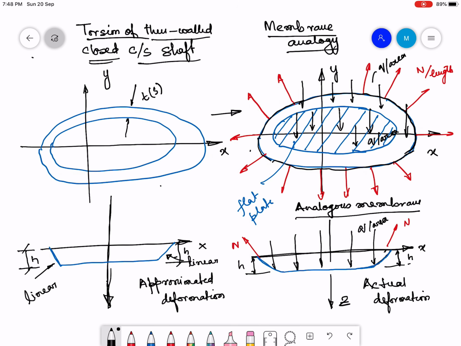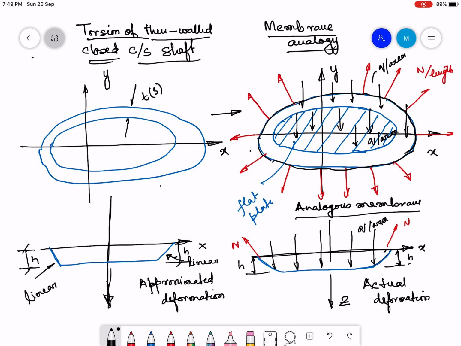So the actual deformed shape, which is going to have a nonlinear or quadratic-like deformation of the membrane, is approximated here as a linear deformation.